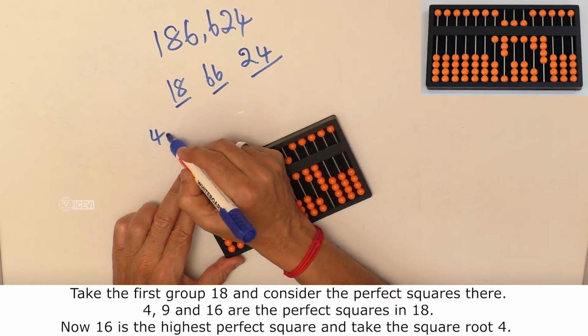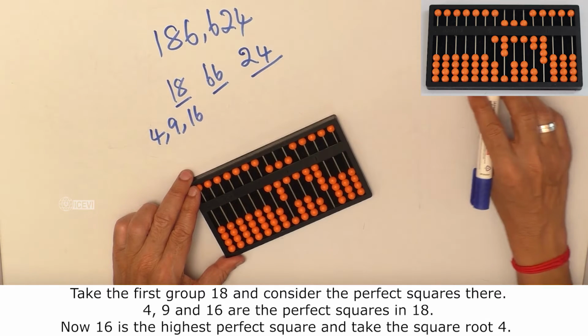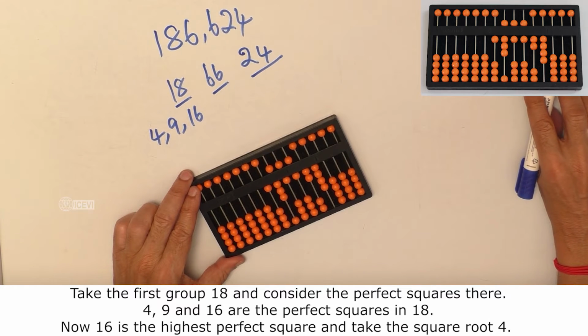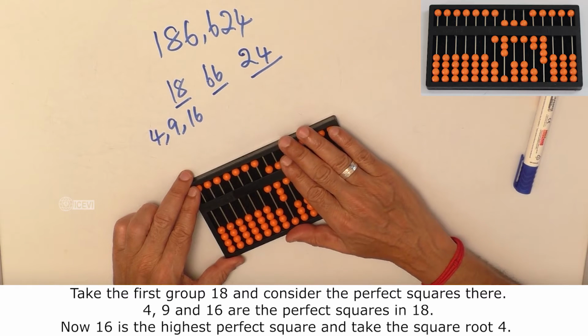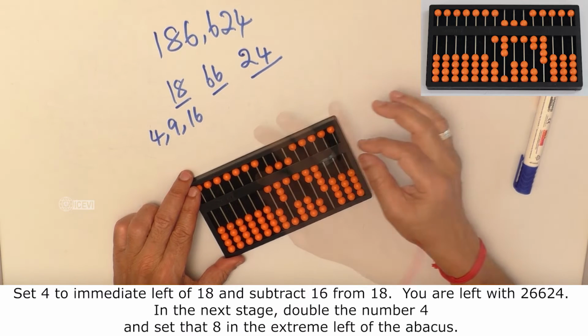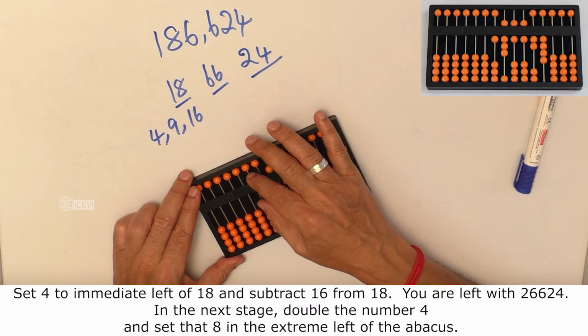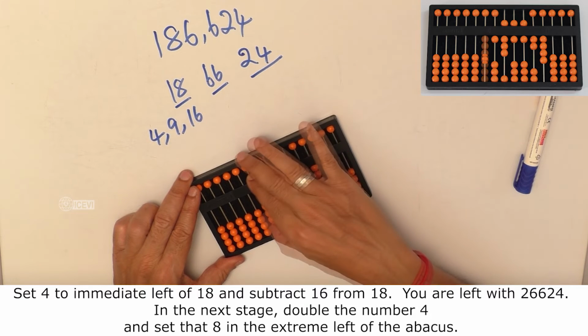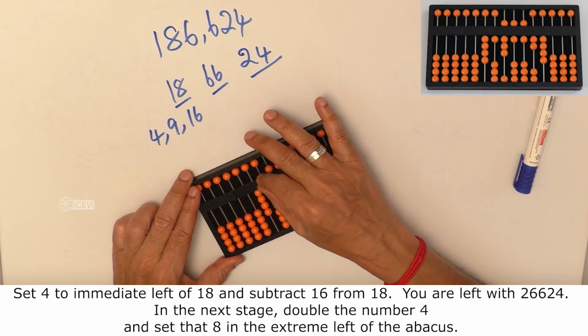4, 9, and 16 are the perfect squares in 18. Now 16 is the highest perfect square, and therefore take the square root 4. Set 4 to the immediate left of 18 and subtract 16, which is nothing but 4 multiplied by 4, from 18.